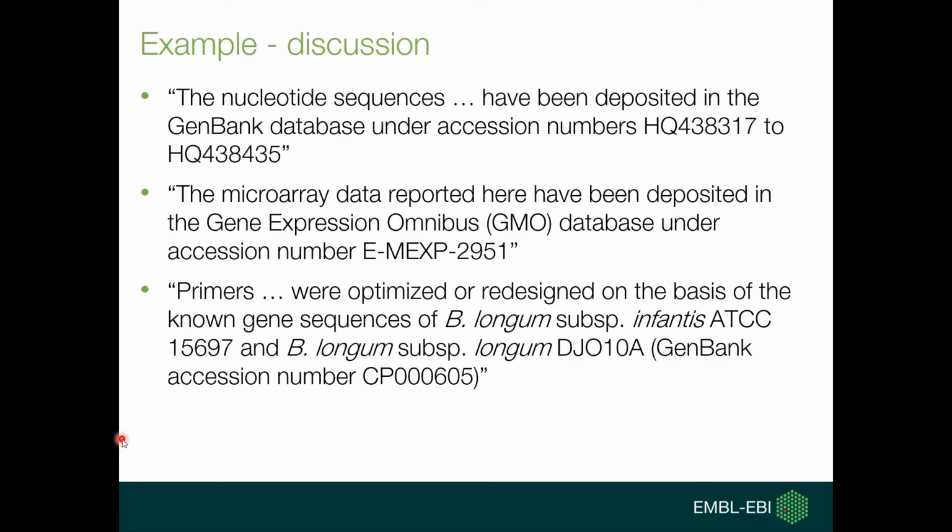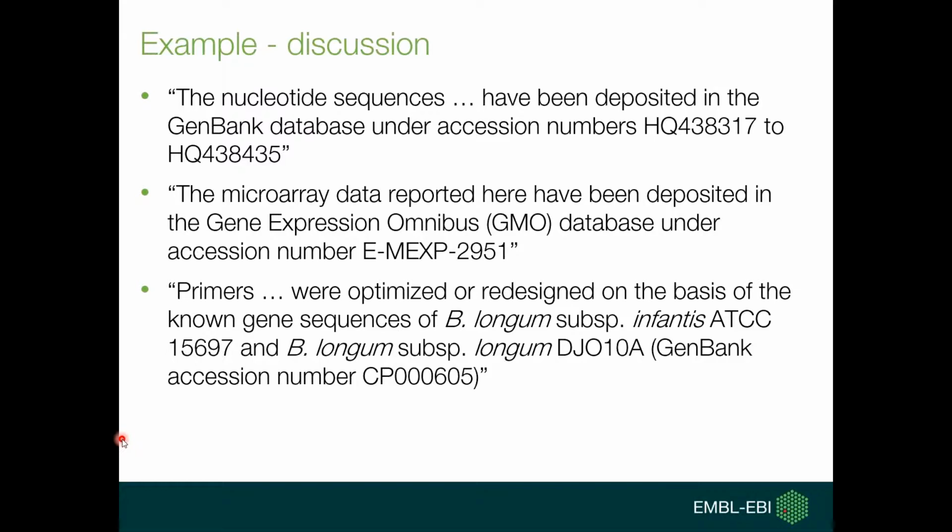In this case, I've just copied out some paragraphs from this paper. There were some nucleotide sequences deposited in the GenBank database under accession numbers this to that. Then the paper also mentions that the microarray data reported have been deposited in the Gene Expression Omnibus database under an accession number.